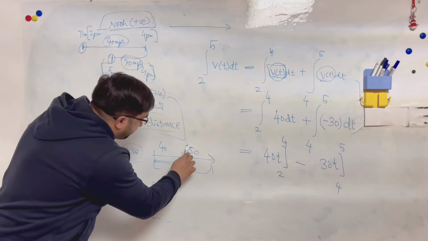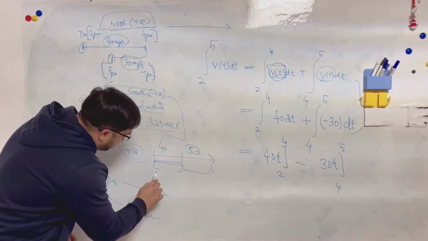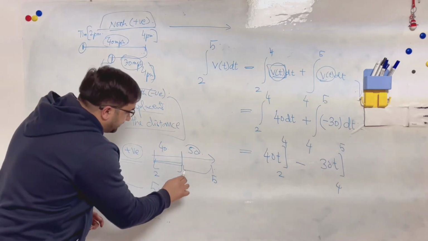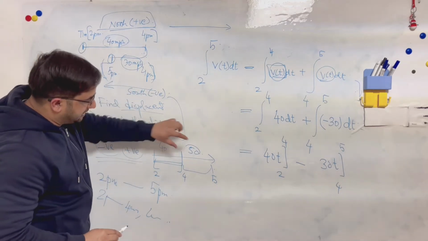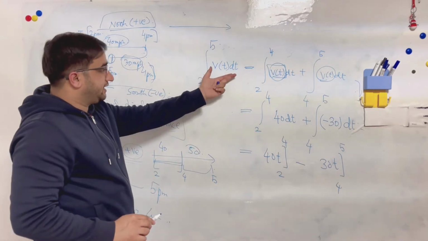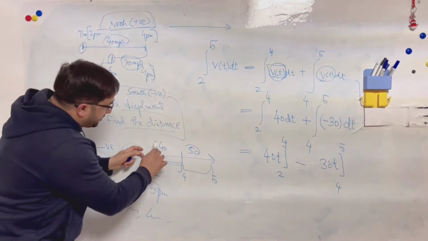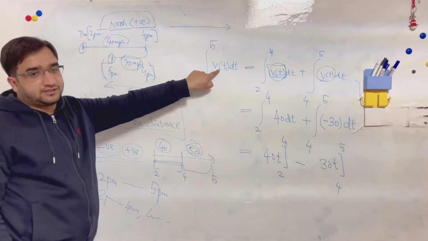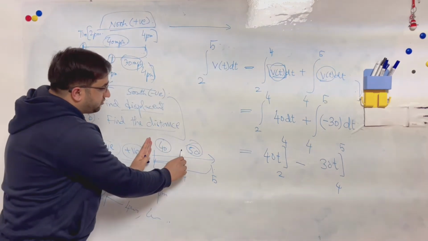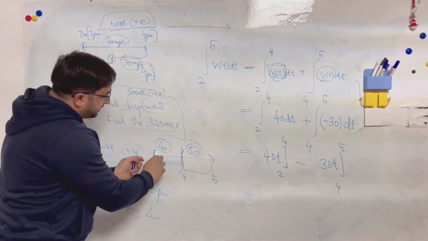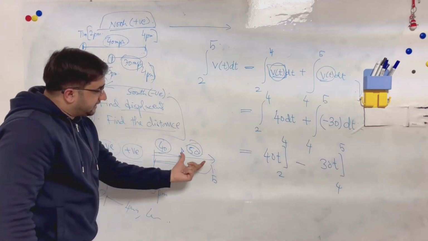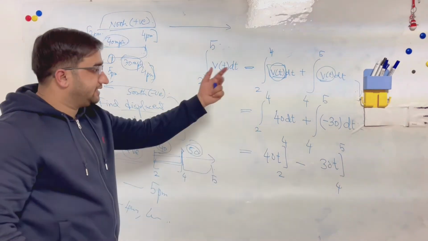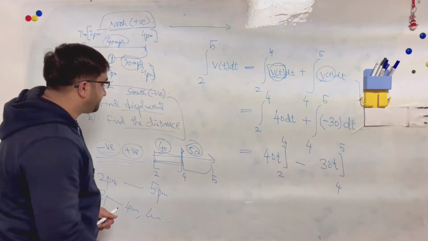If you take the whole interval from 2 to 5, and in between, from 4 to 5, there are two values, and you keep one function and don't split it, which value will you use, 40 or 50? So you have to split it so that you can use 40 for this interval and 50 for the other. As many intervals as there are for the speed, that many times you have to split it.